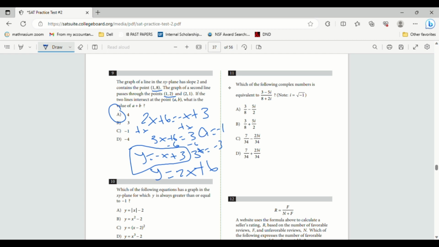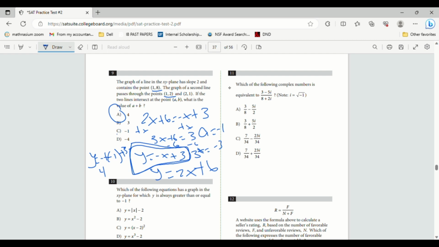So now that we know what a equals, we can plug a into either one of our equations and solve for b. I find it easier to plug it into this second equation because it has easier numbers to work with. So y equals negative of negative 1 plus 3. So negative of negative 1, that's a plus. So 1 plus 3 equals 4. And then the question, be very careful.